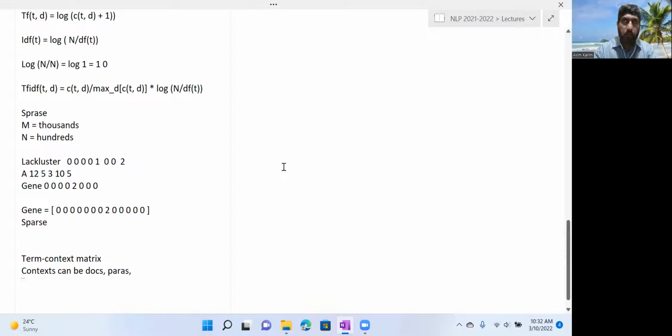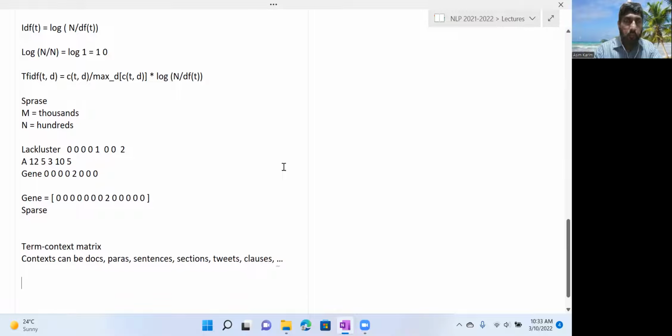They could be paragraphs, sentences, even sections, depending on whether your document has sections. There could be other things as well, like tweets, or if you want smaller units, clauses, and so on. So we can define smaller contexts for each word, depending on our application.